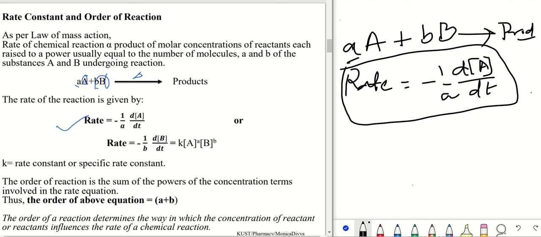Similarly, rate is equal to minus 1 by b into d concentration of B by dt.